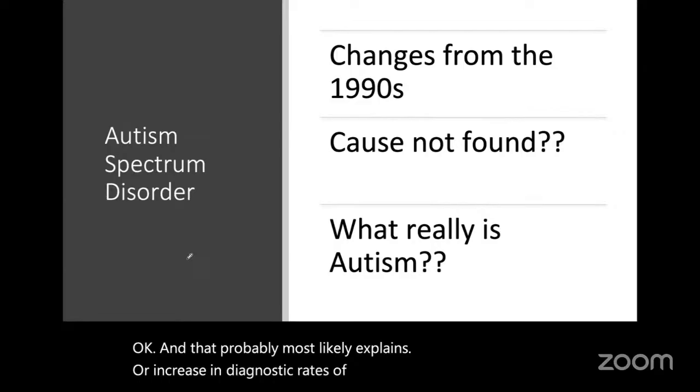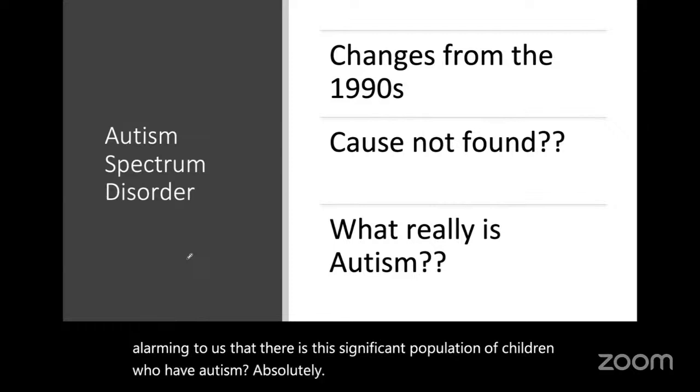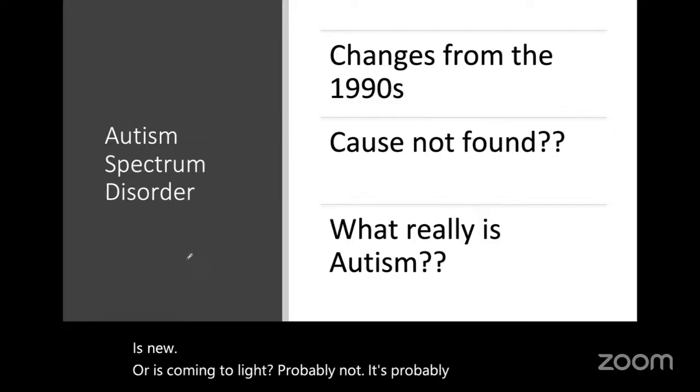Now, should it be alarming to us that there is this significant population of children who have autism? Absolutely. Is it something that is new or is coming to light? Probably not. It's probably always been here.